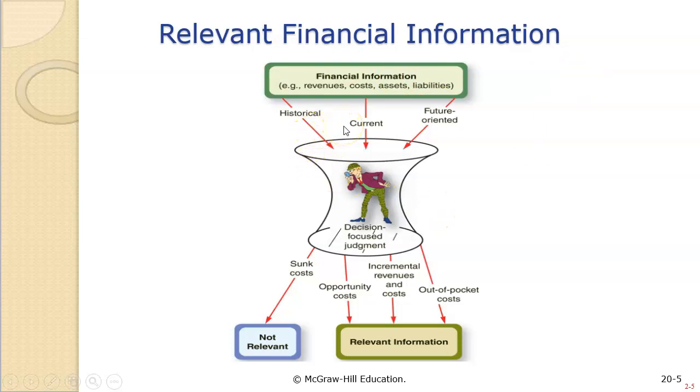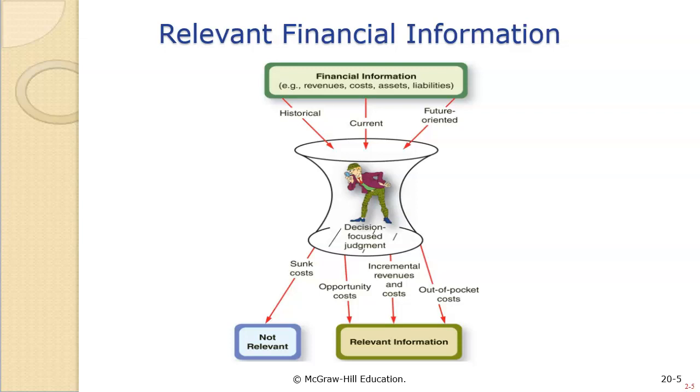You're bringing in data from historical financial statements, from maybe the last 5 years, your current financial situation, and then future-oriented information. You might hear words like pro forma financials. That's projecting into the future, an outlook of what you think your income statement might look like.